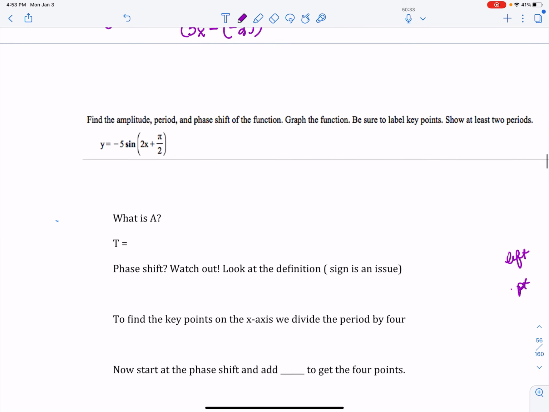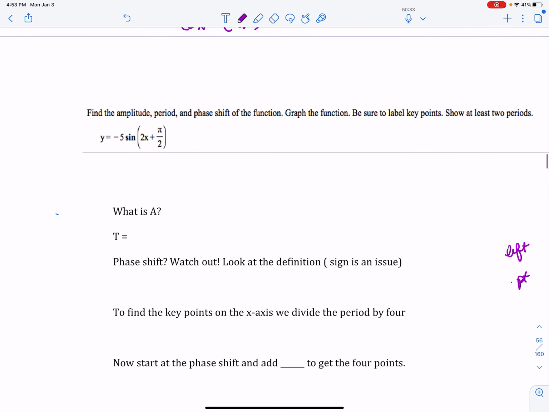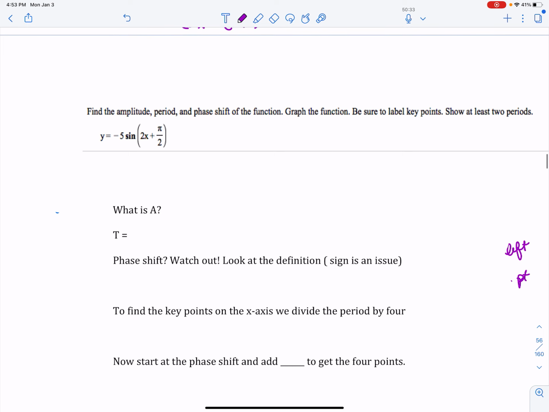So for this next one, it says find the amplitude, period, and phase shift of the function. Graph the function. Be sure to label key points. Show at least 2 periods. Okay, so if I look at this, I have y equals -5 sine of 2x plus pi over 2. The first thing they're asking us to do is find the amplitude.